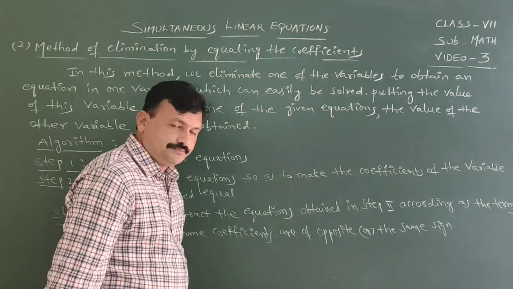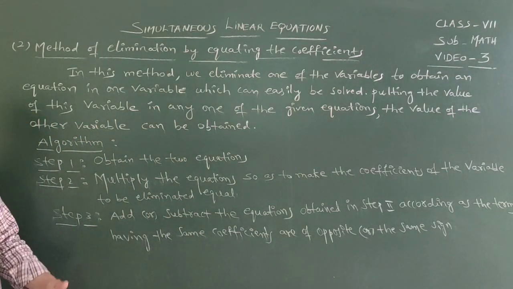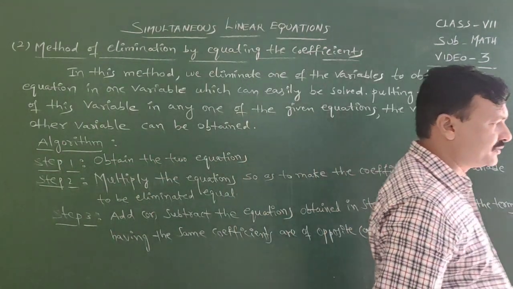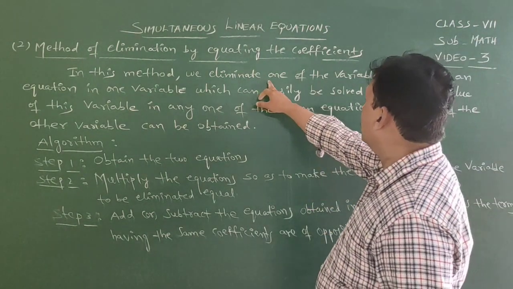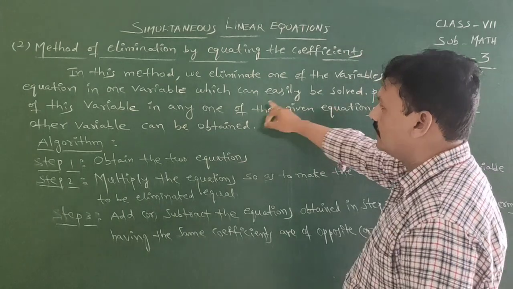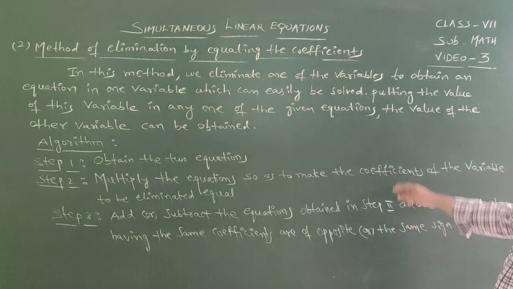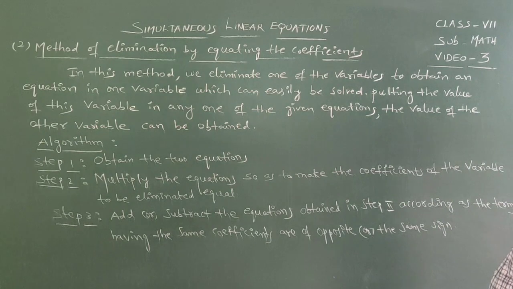In substitution, among the first and second equations, we need to convert one in terms of the other. Now in the elimination method, we need to eliminate one of the variables to obtain an equation in one variable which can be easily solved. By putting the value of this variable in any one of the given equations, the value of the other variable can be obtained. This is a very easy method.